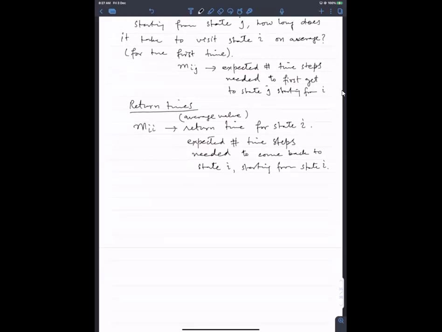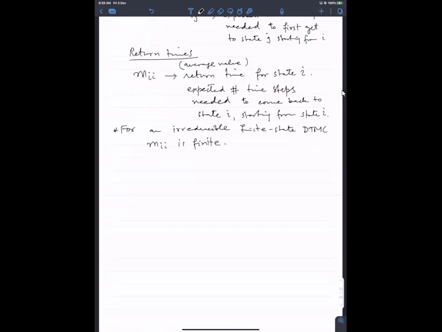One thing that can be shown is that for an irreducible finite state discrete time Markov chain, Mii is finite, which means you will always come back to this state after a certain period of time, not after infinite time, but less than infinite time.